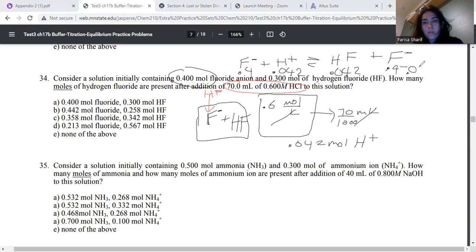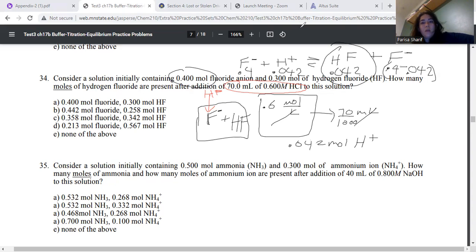Because once the F minus reacts with the H, it turns into something else. So we have to make sure we notice that the anion goes away, even though the question isn't asking for that. So this is how much of this weak acid we've created.